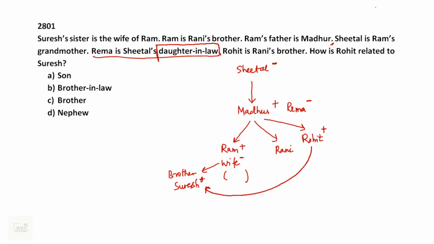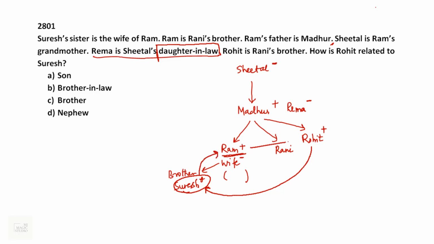How is Rohit related to Suresh? Rohit is brother of Ram, and Suresh is brother of Ram's wife. That means Suresh is brother-in-law of Ram.